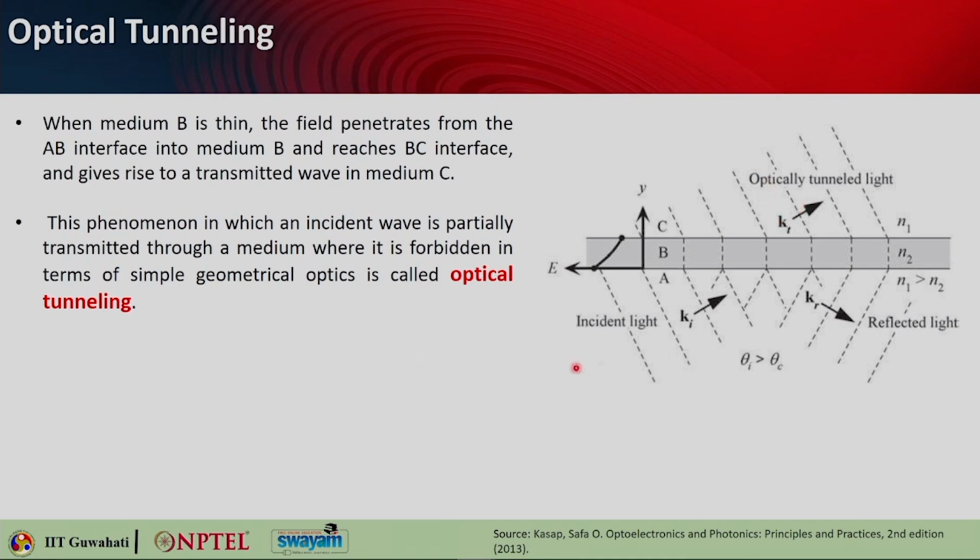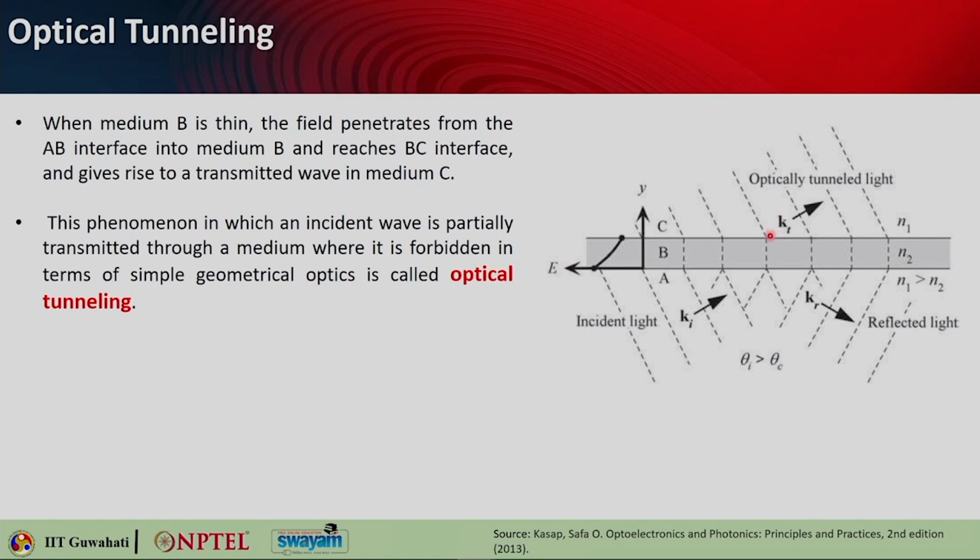So let's see how we describe this. It is the phenomenon in which incident light is partially transmitted through a medium where it is forbidden in terms of simple geometrical optics. If you take simple geometrical optics and make sure that your theta I is greater than theta c, that means you are supposed to get total internal reflection.